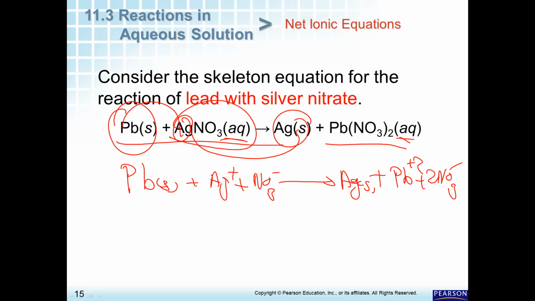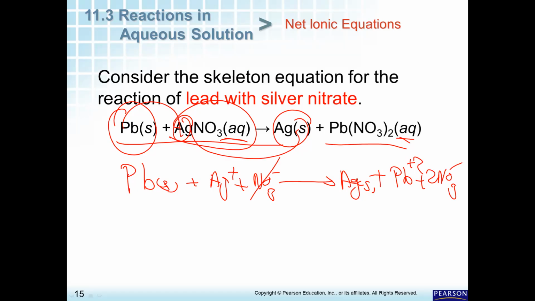Right. Look at the spectator ions. Do we have spectator ions in this case? NO3. Okay, so NO3 is the one. When you cancel it, you don't worry about the numbers, that we have 1 NO3 here and 2 NO3 there. From a concept point of view, anything that appears on both sides, you cancel it regardless of the number of moles.